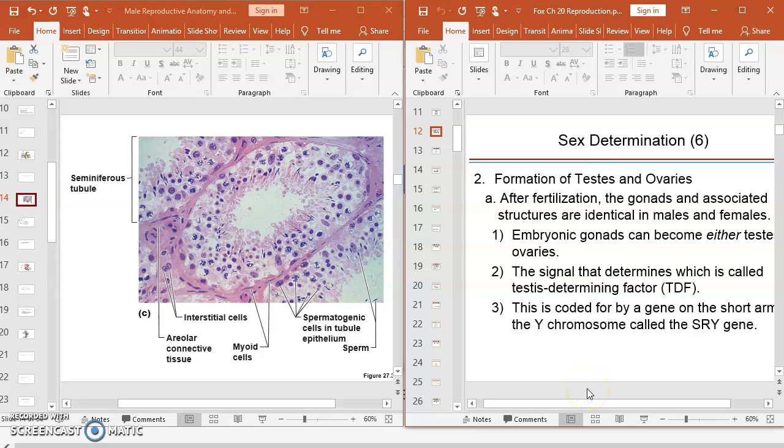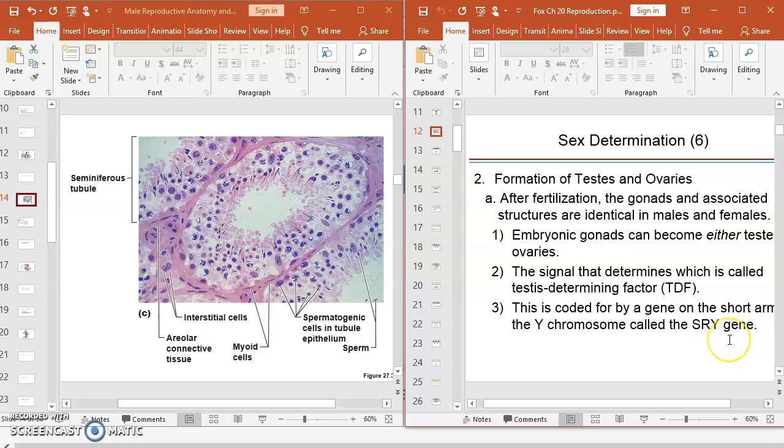Now, as I mentioned, we all develop initially down the female line. And it's imperative that the Y chromosome has a gene known as the SRY. The SRY gene is located on the Y chromosome.